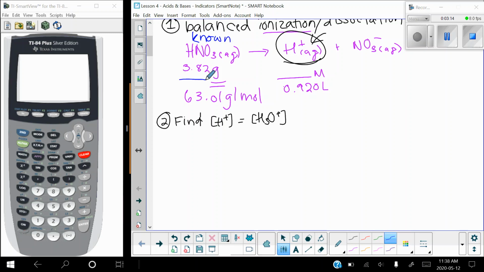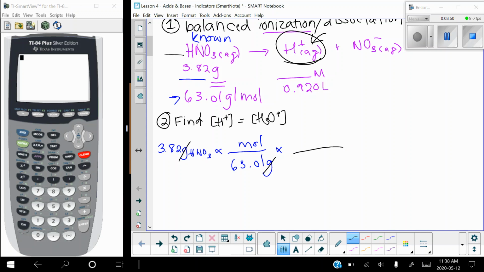Start with this: 3.82 grams of nitric acid. We need to convert this into moles using our converter molar mass, 63.01 grams per mole. Okay, now we are going to convert this. Grams cancels out with grams, and here I'm going to use my molar ratio to convert into moles of my unknown.